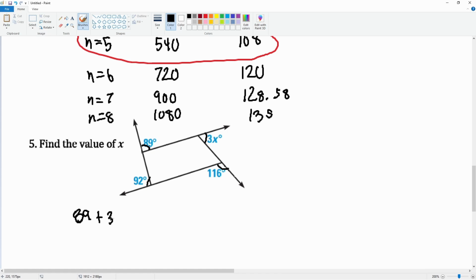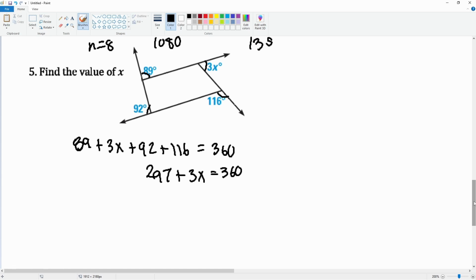So 89 plus 3x plus 92 plus 116 is equal to 360. Let's combine some like terms here. 89 plus 92 plus 116 is equal to 297. So 297 plus 3x is equal to 360.